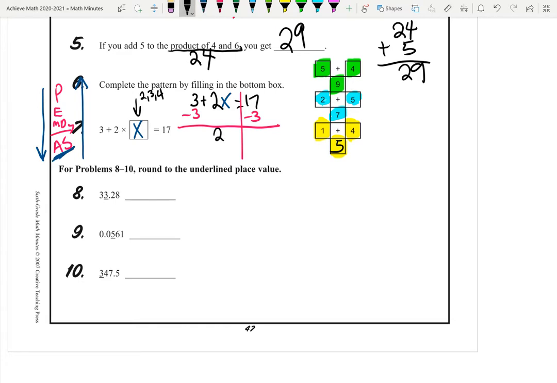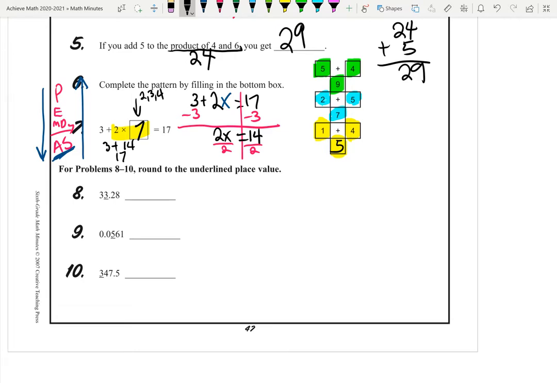So this is going to turn into 2x equals 14. 2 times x means the opposite is to divide, meaning that this number is going to be 14 divided by 2, which is 7. If I were to plug it back in, 2 times 7 is 14. 3 plus 14 is indeed 17.